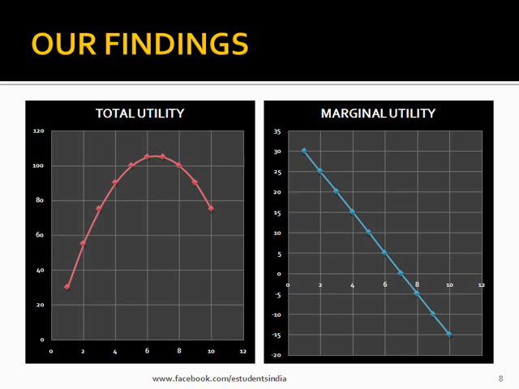Marginal utility decreases and falls to 0 and then becomes negative. And an important point is, when marginal utility becomes 0, total utility is maximum, 105. We have seen that. These graphs clearly help us to understand our findings.